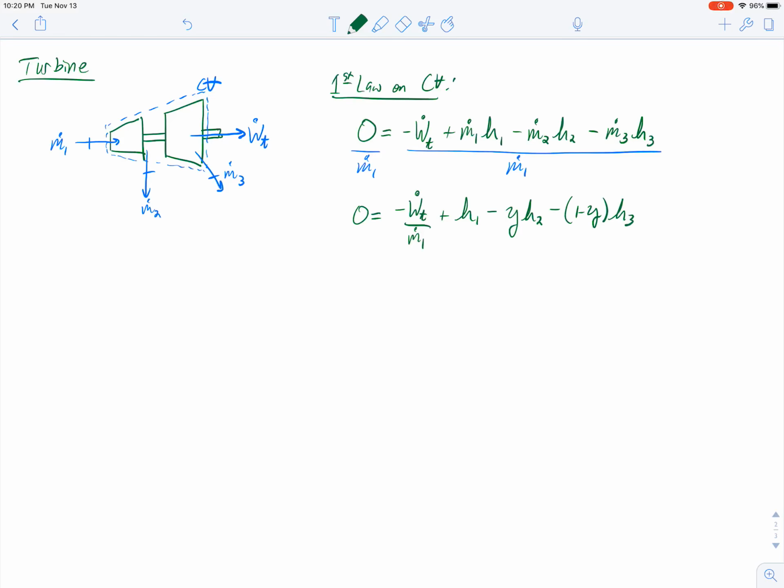Okay, and let's see here. Let's move the work term over. That'll become positive, and that's my definition of specific work of the turbine. Notice that I'm dividing by the total mass flow rate. That's my reference point. And then on the right-hand side, I'll just write it out.